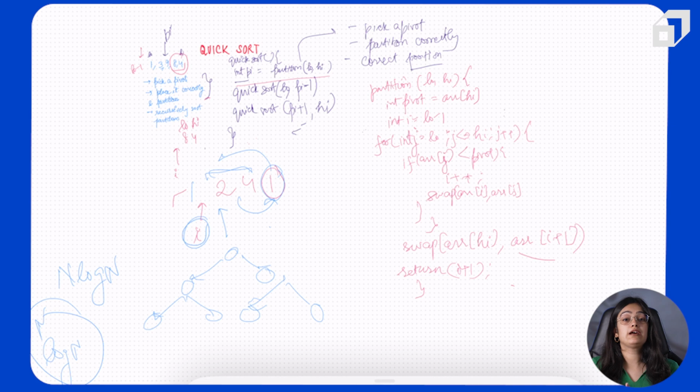The worst time complexity for quicksort can be O of n square, because the worst case can occur when the pivot at every step consistently results in highly unbalanced partitions. So when the array is already sorted and the pivot is always chosen as the smallest or the largest element, in that case n square complexity can be there.